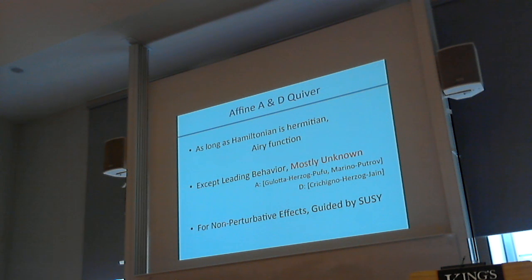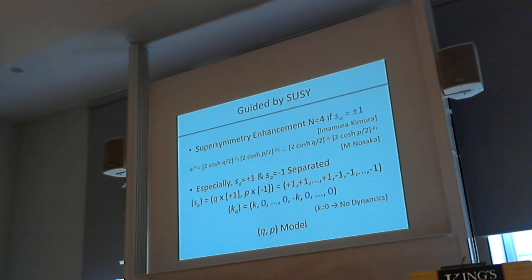But this is just perturbative. If we want to study the non-perturbative effects, we need some hints from supersymmetry. And Imamura and Kimura showed that when this S only takes plus or minus 1, the supersymmetry is enhanced to N equals 4.